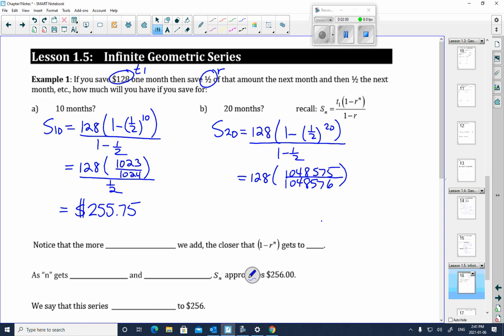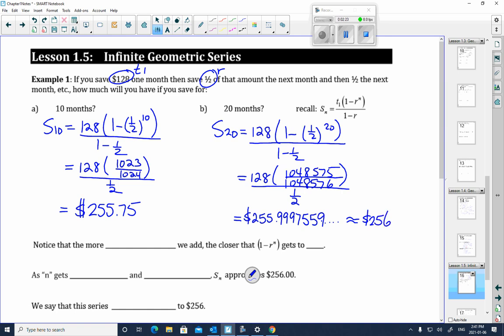There's a method to my madness here, you're going to see in a second. Divided by a half, I get 255.9975559, so this is basically approximately $256.